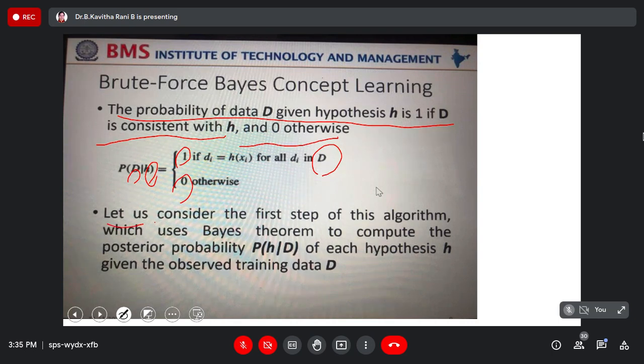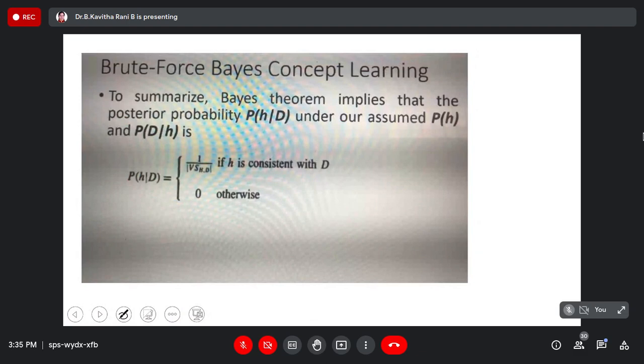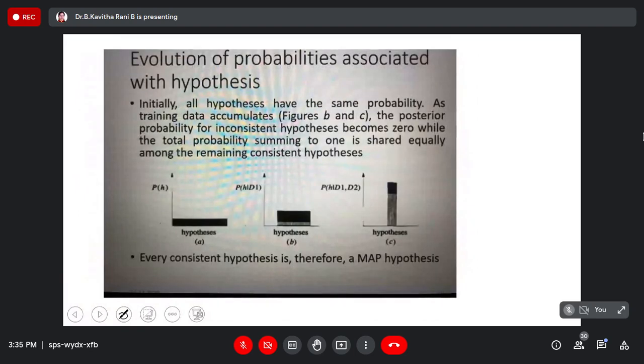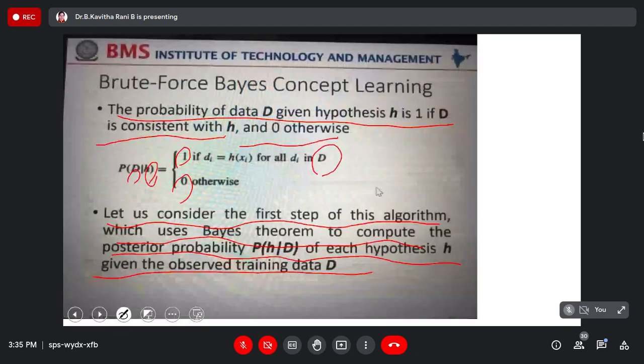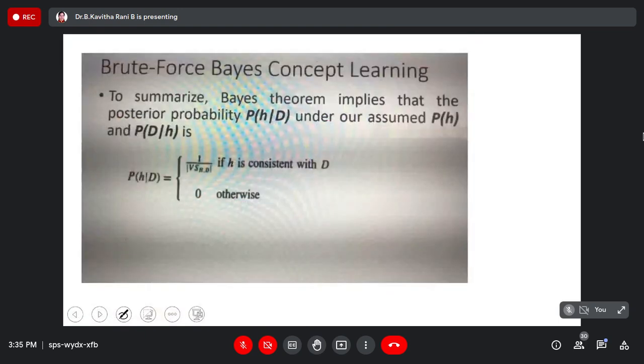Now let us consider the first step of this algorithm, which uses Bayes' theorem to compute the posterior probability of each hypothesis given the observed training data D. Sorry guys, I missed one slide in between.